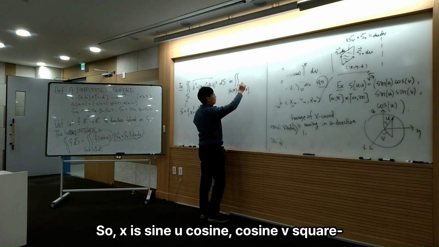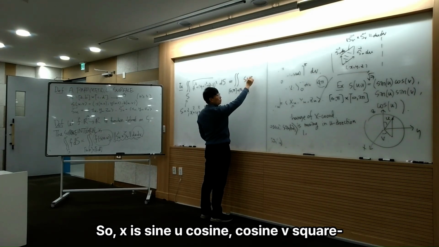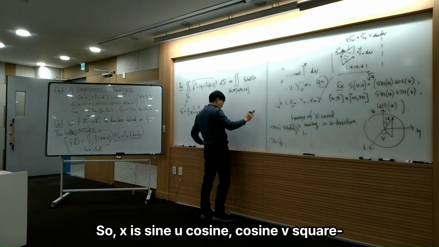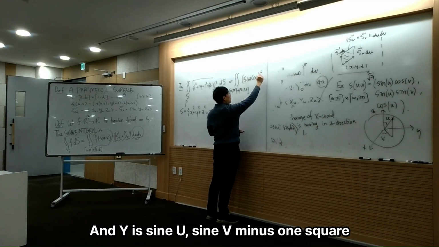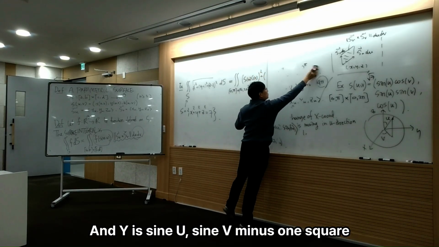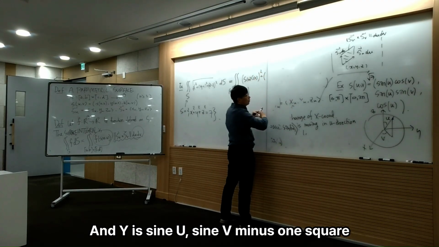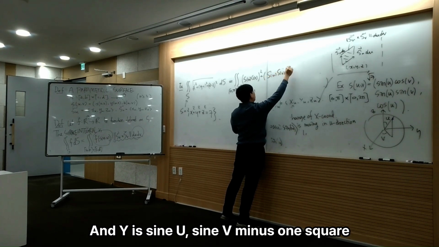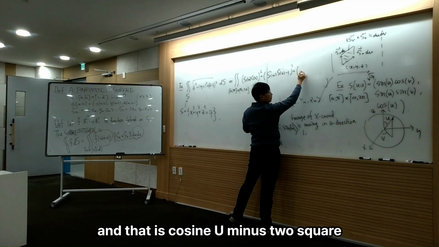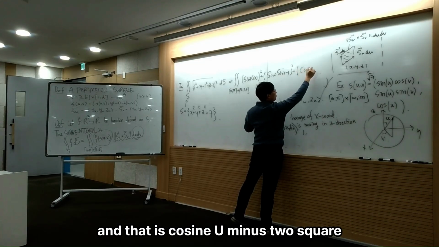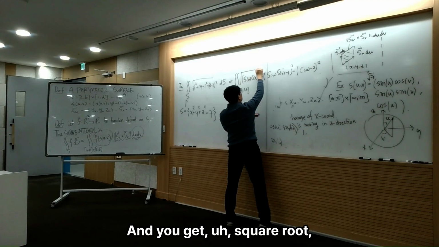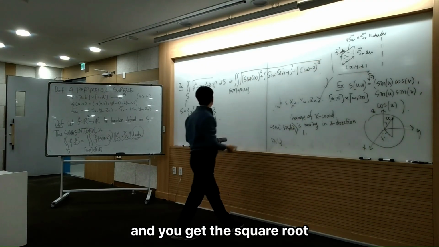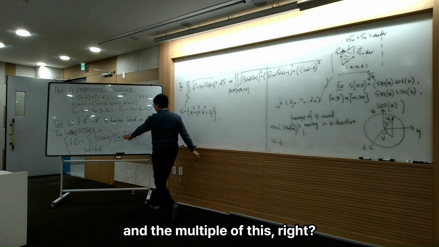So x is sine u cosine v, squared, and y is sine u sine v minus 1, squared, and that is cosine u minus 2, squared, and you get the square root, and the multiple of this, right?